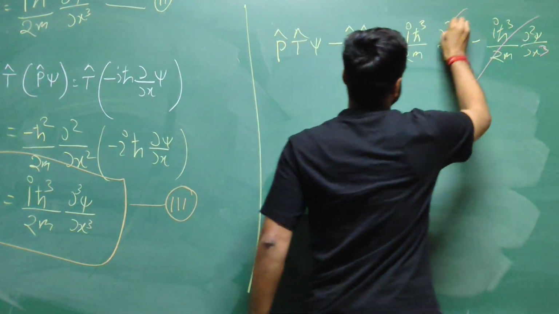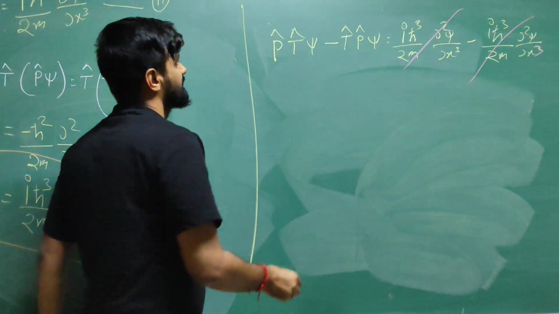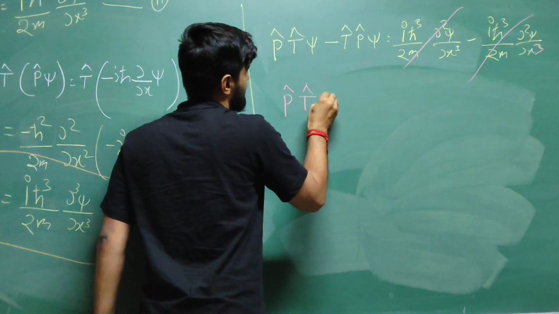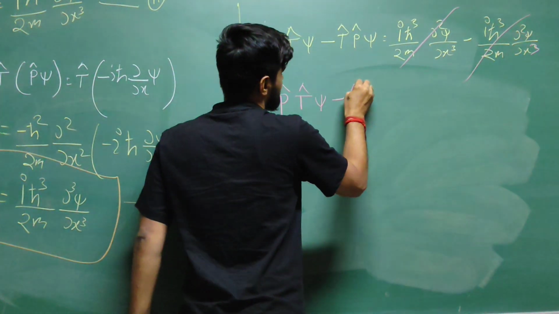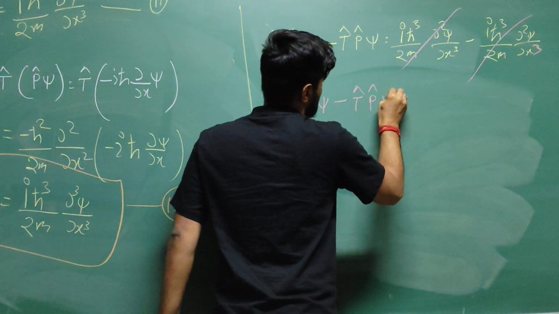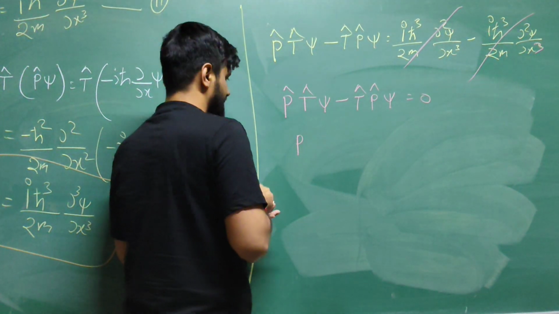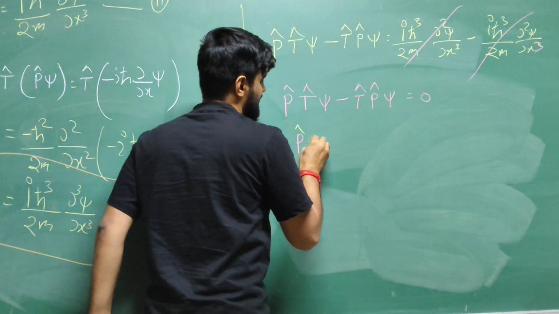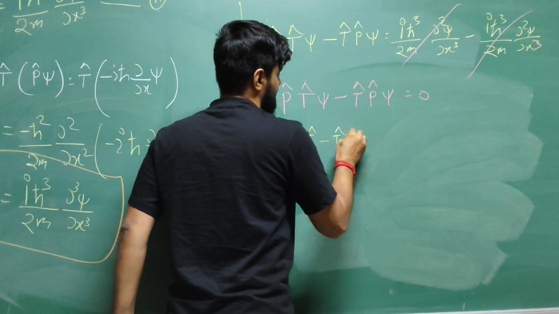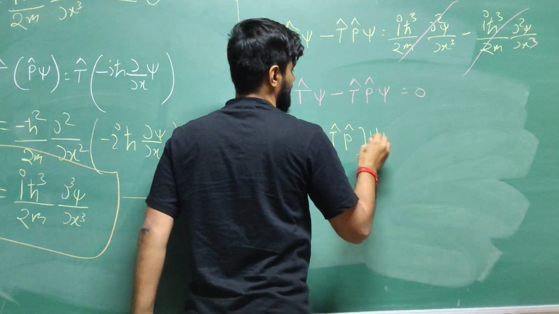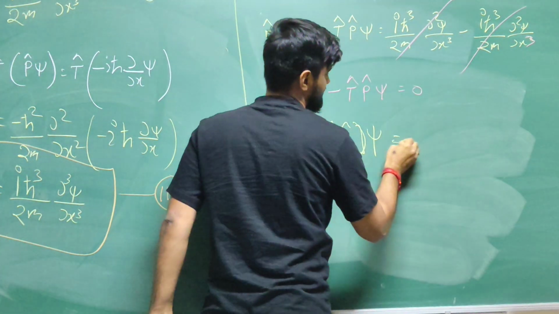So if you see these both terms are equal, so finally you will see here that P cap T cap psi minus T cap P cap psi will be equal to 0. That means you can directly write these things as P cap T cap minus T cap P cap psi equals 0.